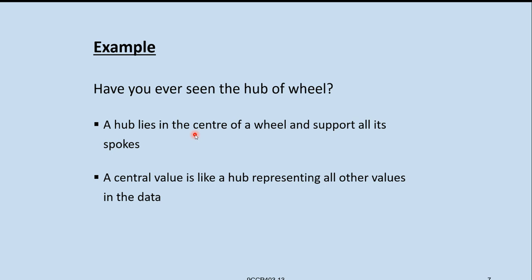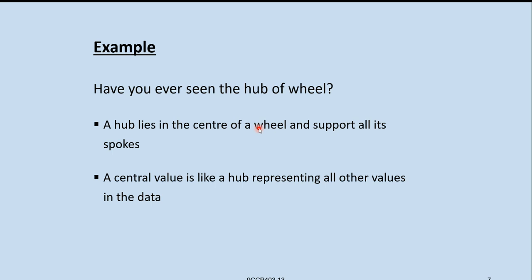Now, a central value is like a hub. Central value means for the whole data, there will be a central value. That central value is as important as the hub of the wheel, which will represent all other values in the data.